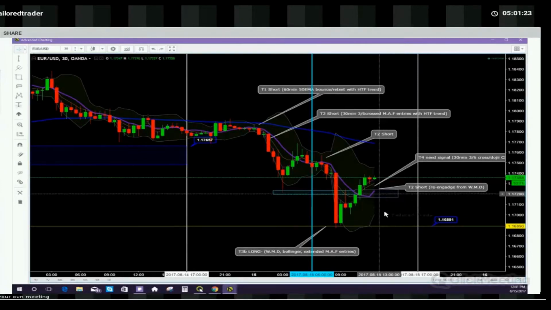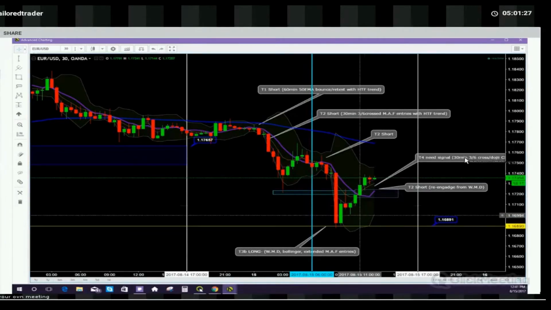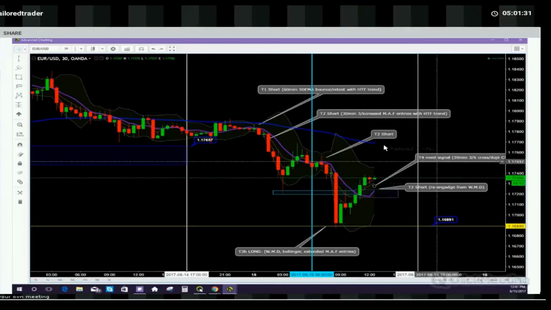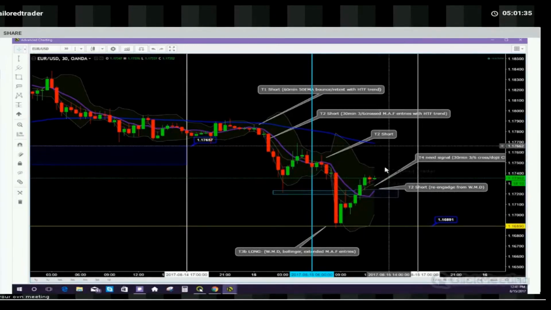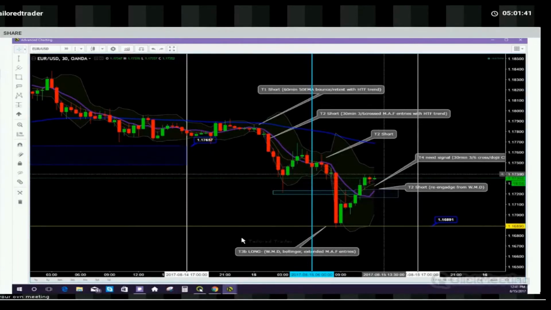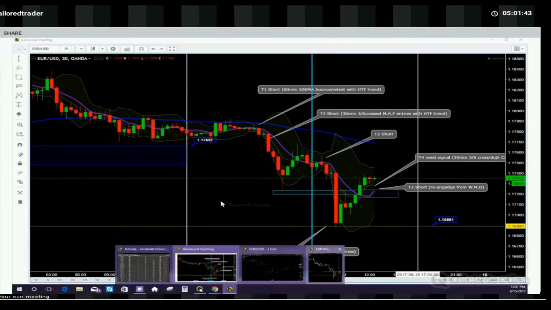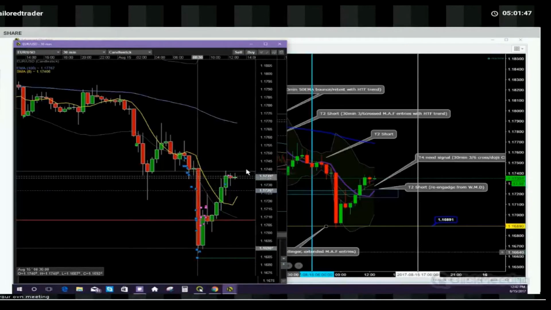I trailed stop, never came down, and since it turned into a T4 30-minute EMA crossover targeting the 50 EMA to the upside, we haven't got that just yet, but I'm going to see if I can remain long on this trade here on this T4 setup. I've been selling out of this T3 long setup down here on that weekly level, taking profits, and have some targets up here to take more profits on this long setup.